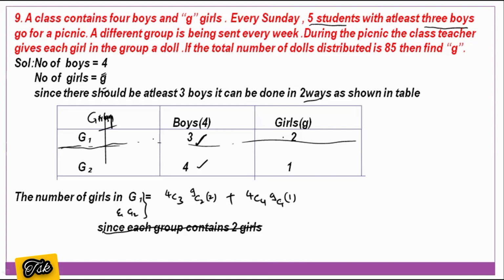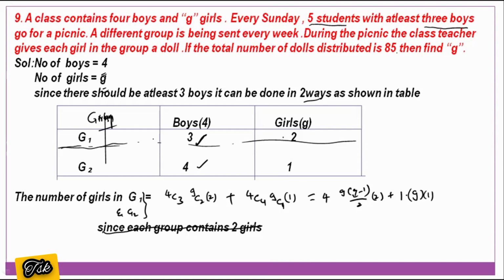Here, the second group contains only 1 girl, so it can be distributed in 1 way. So the value of this is 4C3 is 4, GC2 is G into G minus 1 by 2, into 2, plus 4C4 is 1, and GC1 is G, and then into 1.